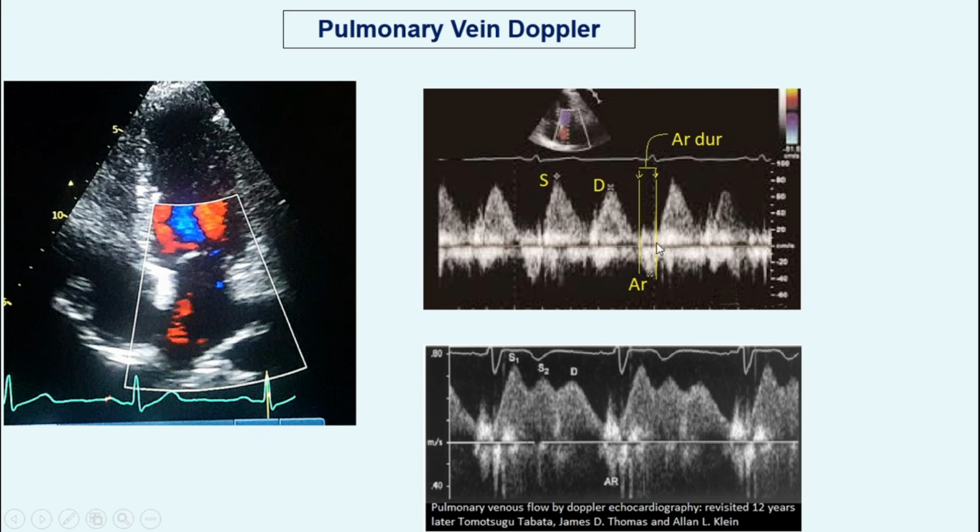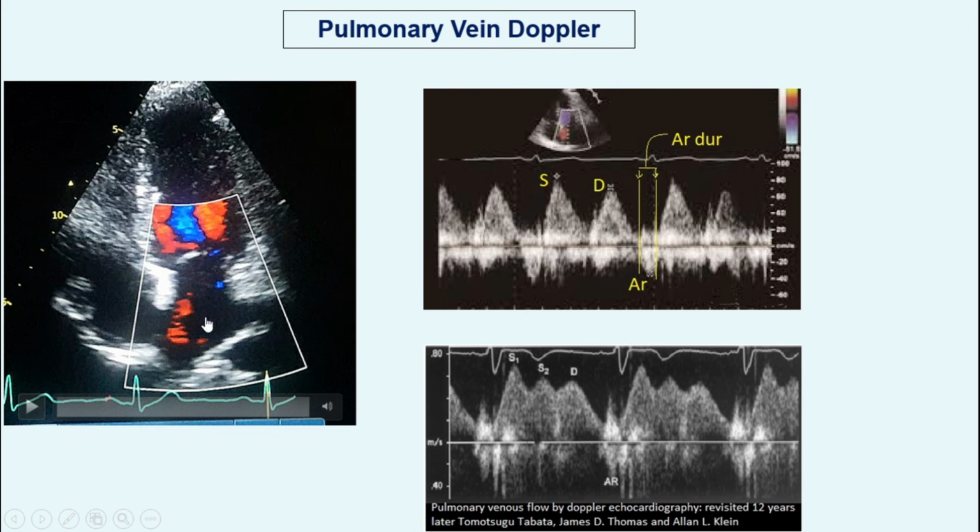AR represents exactly the time of the atrial contraction. When the atrium contracts, blood goes toward the left ventricle, but the contraction forces the blood in all directions, toward the left ventricle and toward the pulmonary vein.